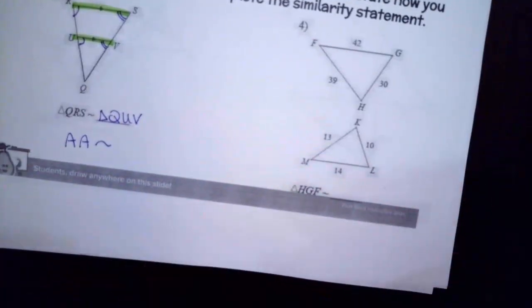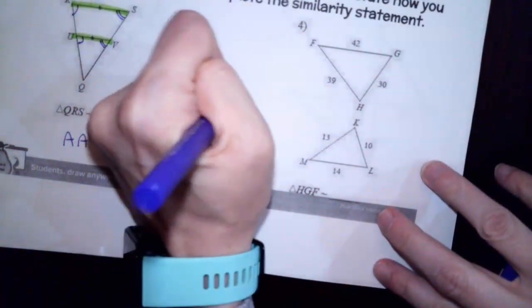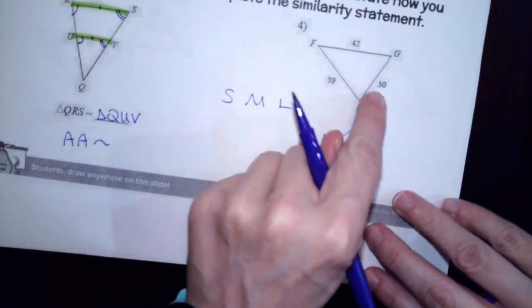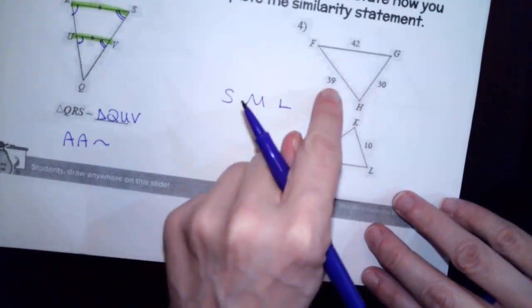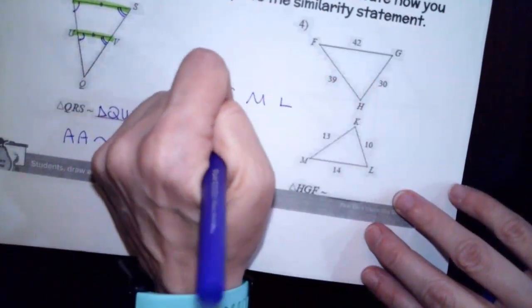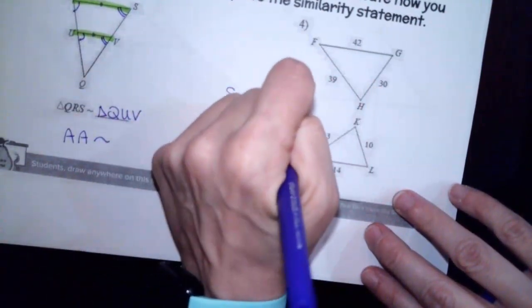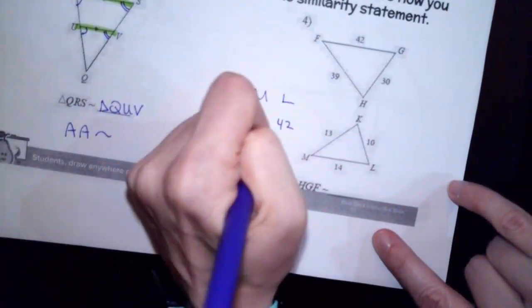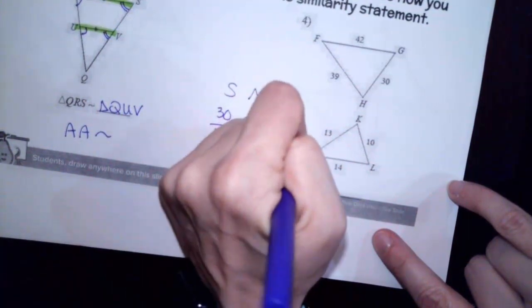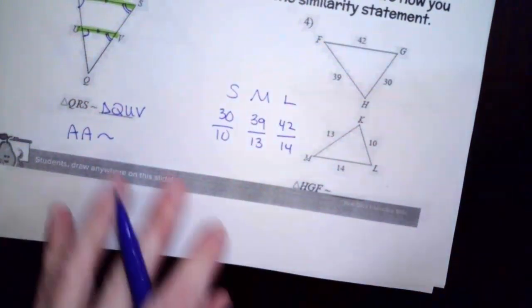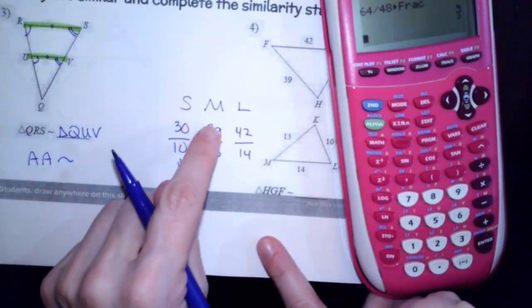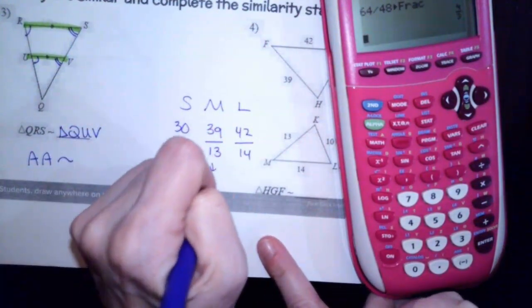All right. Now this one, I would do small, medium, large, because all they give me are side values. So if I do that here, it's 30, 39, 42. And over here, 10, 13, 14. If I divide all those, 30 divided by 10 gives me 3. 39 divided by 13.